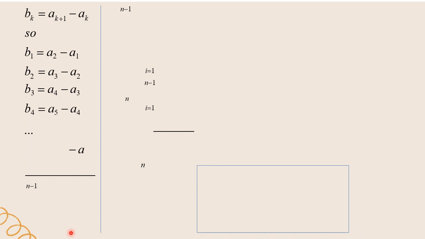And as we are determined to find the general term of a, we must stop at a_n. So for the last k, it becomes n minus 1. When it's n minus 1, plus 1, it becomes a_n, and that's the term we need to find, so we stop here.